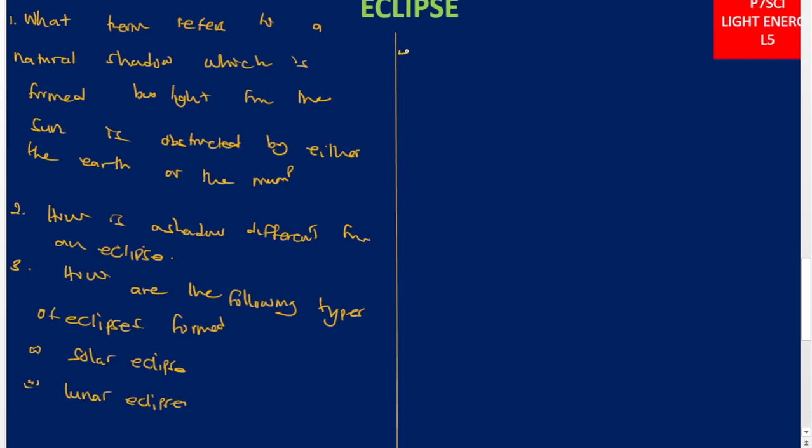Then number 4, why does the moon receive umbra shadow during a lunar eclipse?